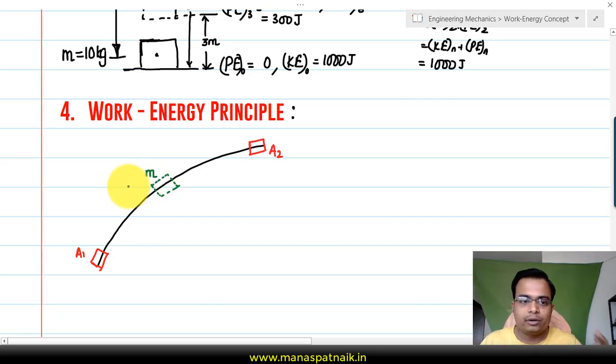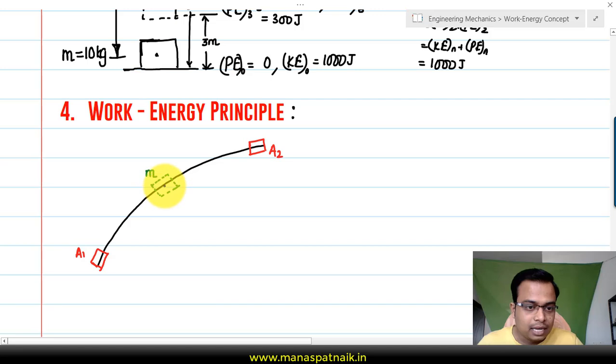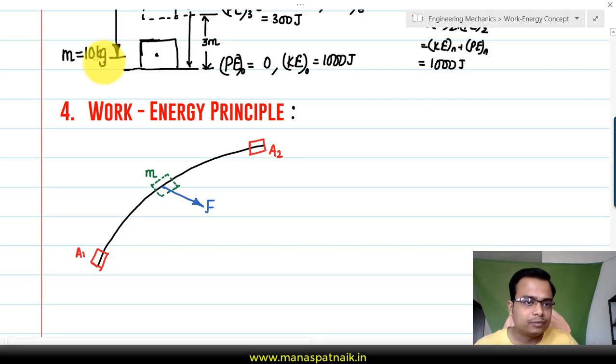Now what we are essentially trying to do is bring this particle from position 1 to position 2, and this particle does not move by its own, but some sort of force is acting on this particle, and this force is given by F. Obviously this force is going to have two components, not exactly the horizontal component, but the tangential component.